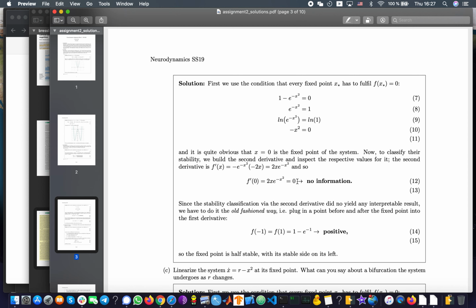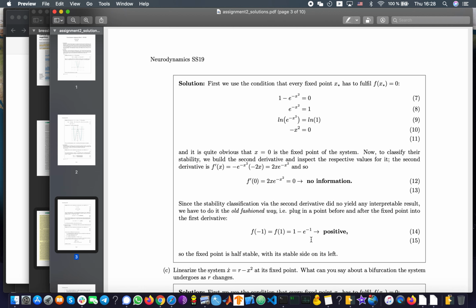It is not positive and it is not negative, therefore you don't have any information. As we talked about, in this situation you should draw it, or you can put in numbers before and after the fixed point. You see that f of minus 1 and f of 1 in the main function are equal to 1 minus e to the power minus 1, which is always positive because 1 is bigger than e to the power minus 1.